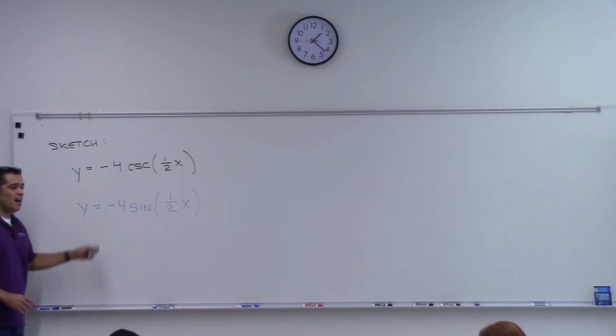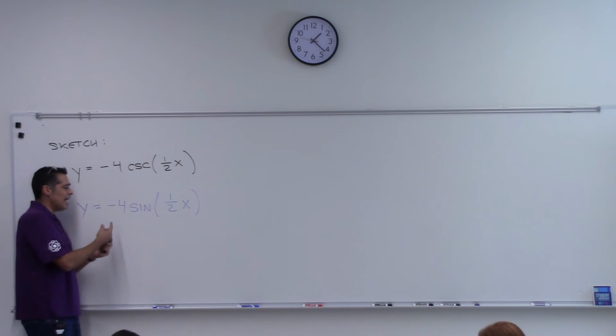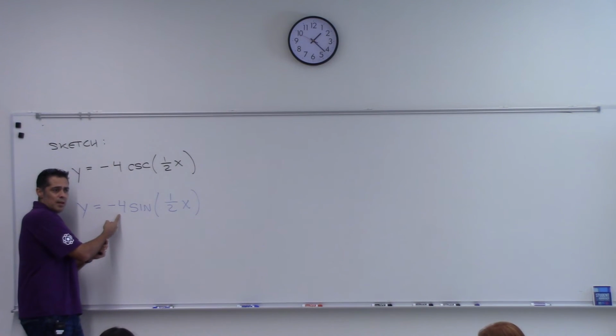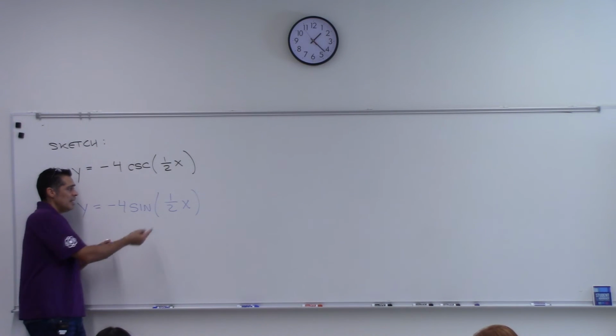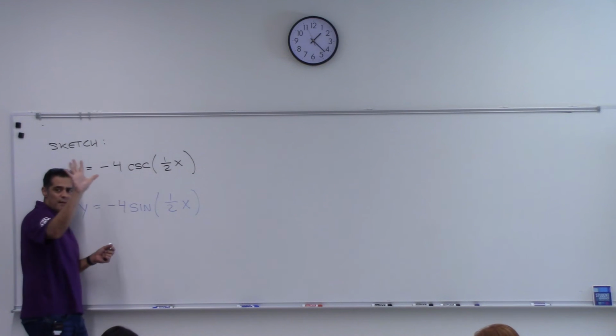So to graph this sine function, I'm going to look at it and say, okay, my amplitude is 4, right? I've got a negative here. That means it gets flipped over the x-axis. And I need to set my argument equal to the 5 different points, right?